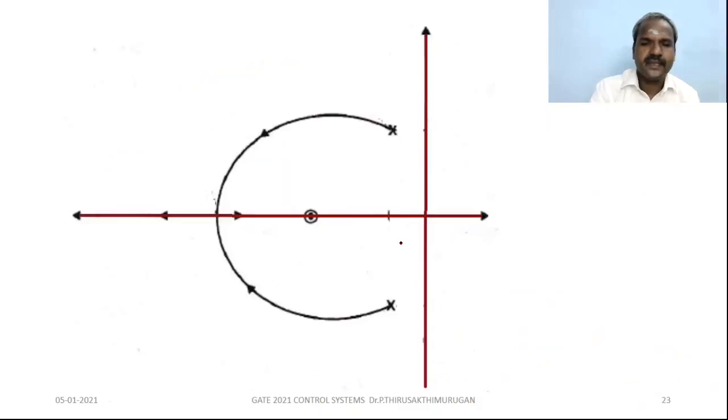Next, finally, from all the information we can draw the diagram. Here this is P1, this is P2. Here 0, this is the real axis, this is the imaginary axis. So this value is plus j4 and this is minus j4.